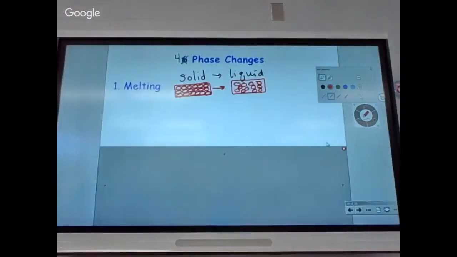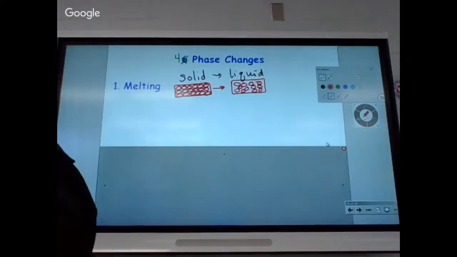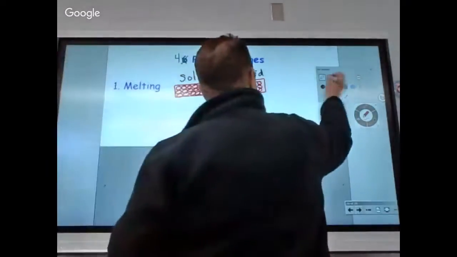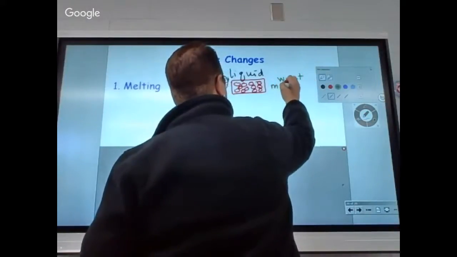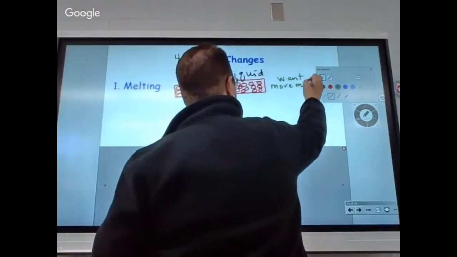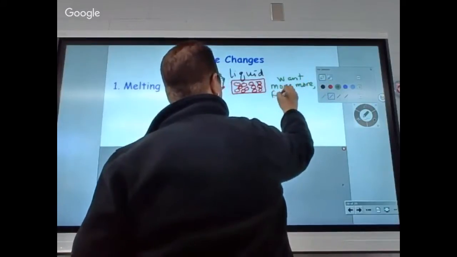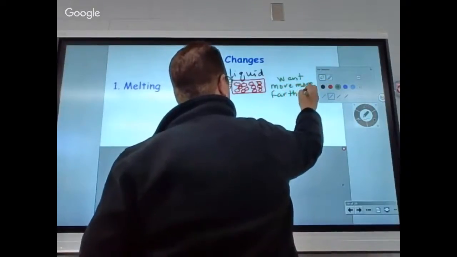All right, so what do I want them to do? Do I want them to move more and get further apart, or do I want them to get closer? Okay, so I know I want them to move more, and I want them farther apart.